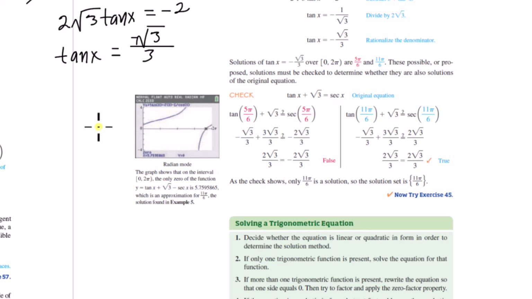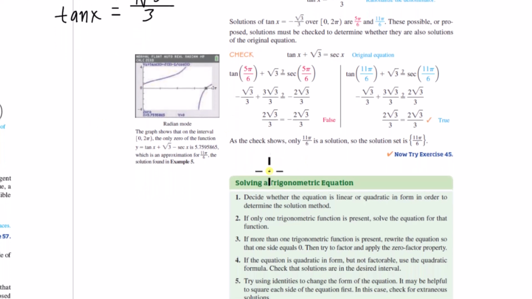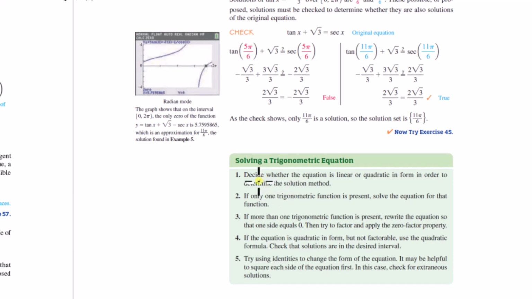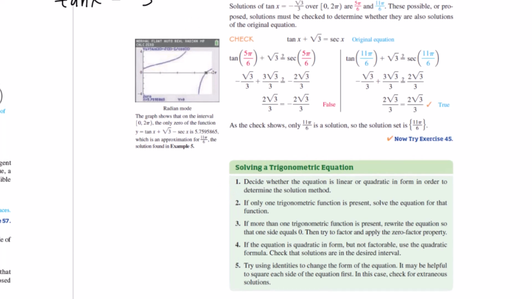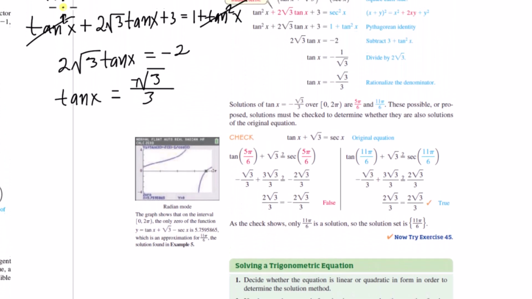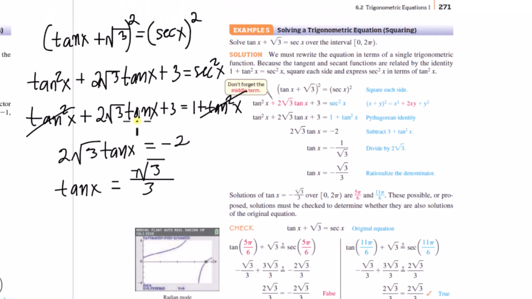Okay, so solving a trig equation, first decide whether the equation is linear or quadratic in form in order to determine the solution method. So analyze the form. Can you bring everything to one side and factor? Is it just linear, like this was linear once we applied the trig identity and got to this step?